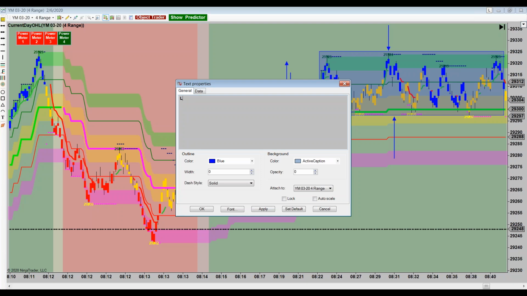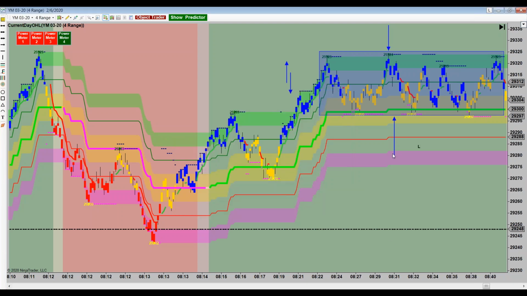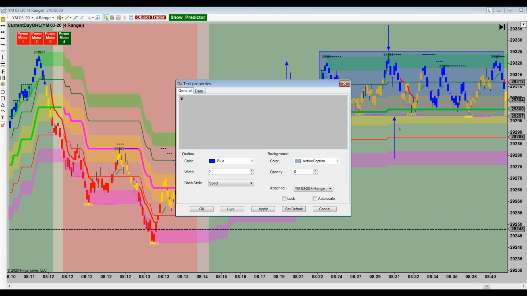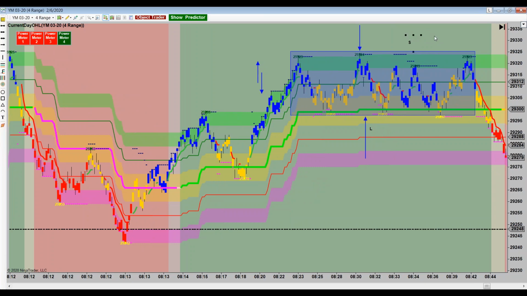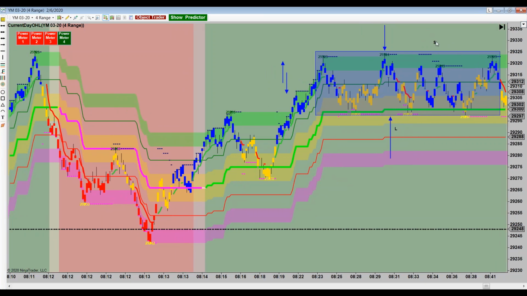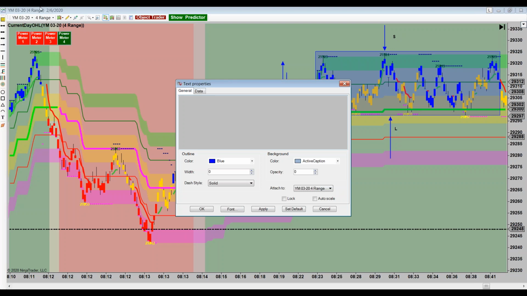You're only taking longs in this area, L. If you believe that in this area your primary mode of entry should only be shorting the top of the range, your answer would be S for short only. And finally, if you believe that in this range you should be trading both sides of the market, long and short, then your answer would be the letter B for both sides of the market.